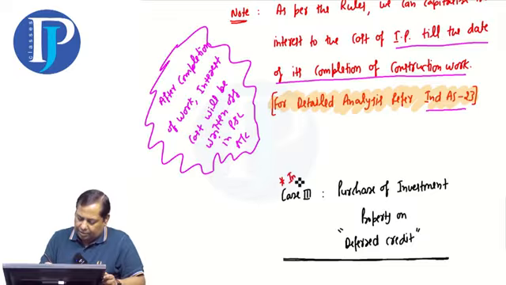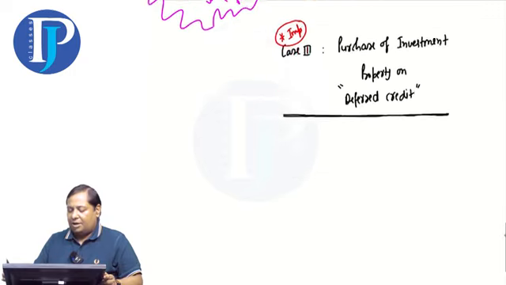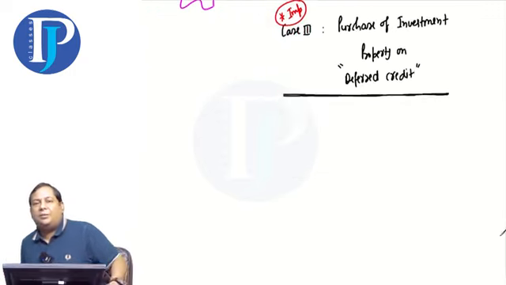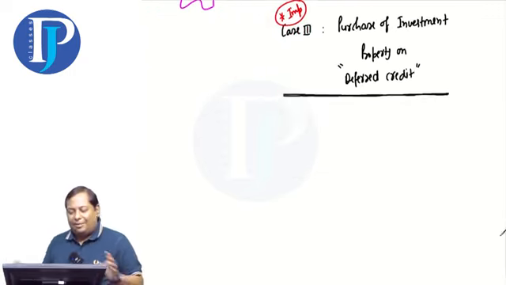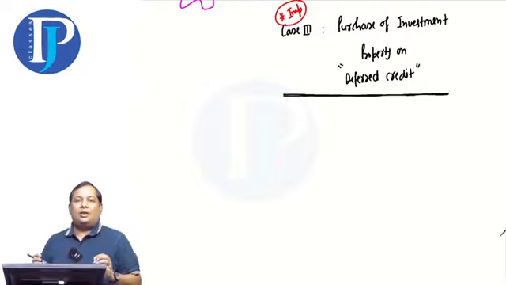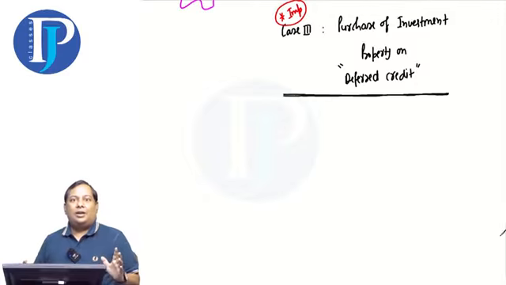Let's mark this. Important. This case should be in your knowledge, because this is a concept that you did not study in Inter. This is a brand new fundamental for you. And after reading this, your eyes will open. Okay? And you will be surprised seeing this point in Ind AS.